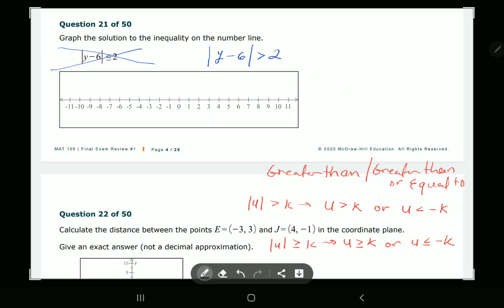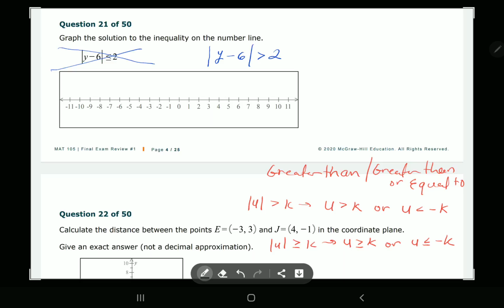Okay, so now we're going to look at the rules when the absolute value is greater than or equal to a positive real number. So if the absolute value of expression u is greater than k, which is a positive real number, then we can transform the inequality into u is greater than k or u is less than negative k.